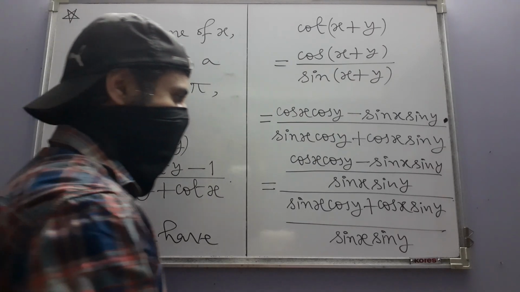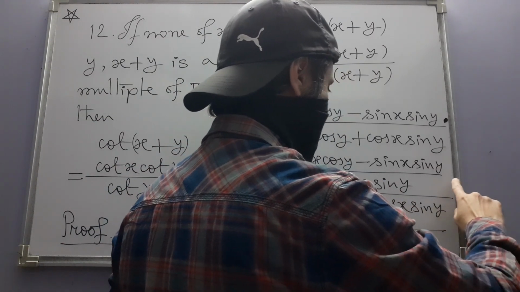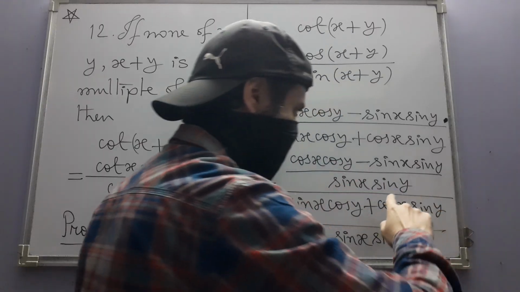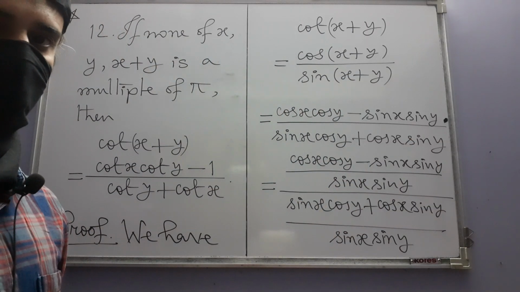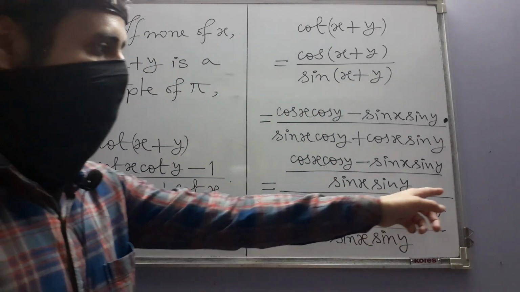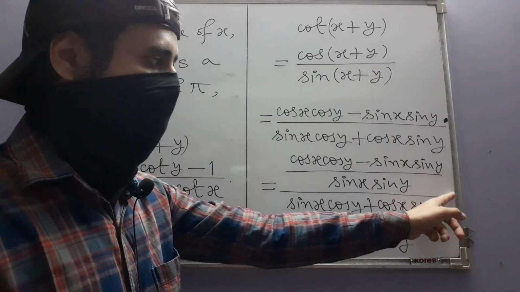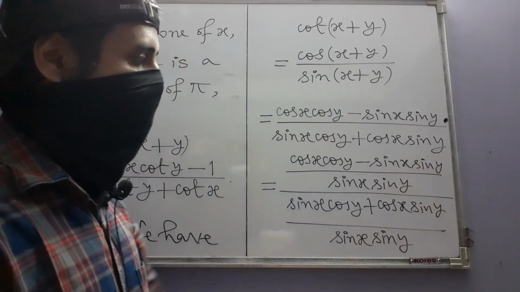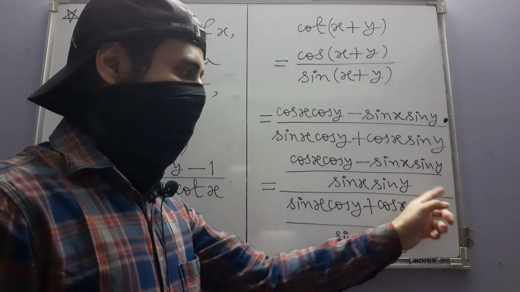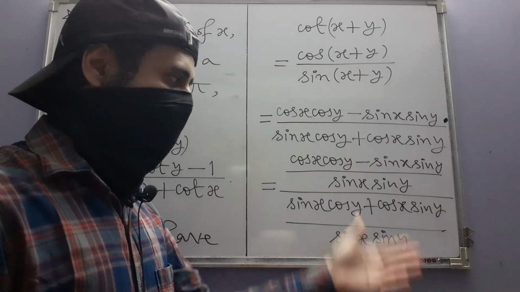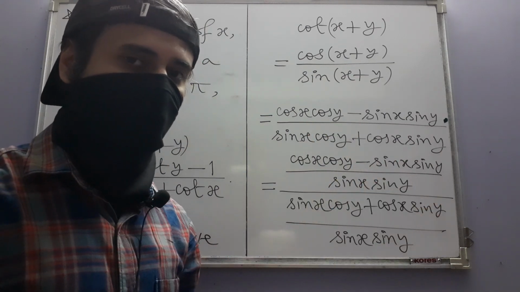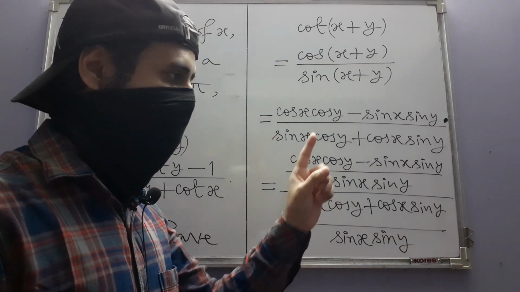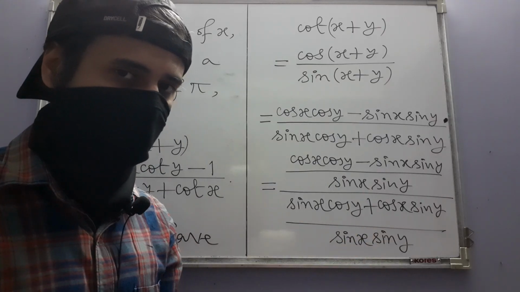And in fact, you should write alongside these steps the thing that you have done at that step. Say here you write within square brackets, I don't have space here, dividing the numerator and denominator by sin x sin y because sin x sin y is not equal to 0.